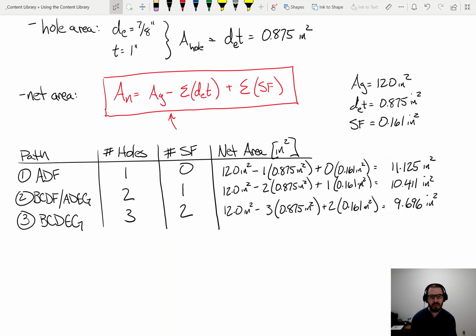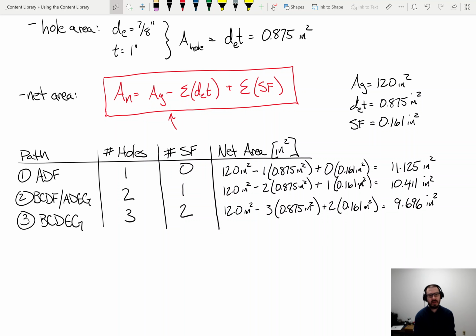Conceptualize this. Imagine you're taking the piece of steel and you're yanking on it. It's going to fracture under the path of least resistance. We've all heard that term, path of least resistance. What that means is that it's going to fracture whenever its capacity is weakest. How do we know when its capacity is weakest?